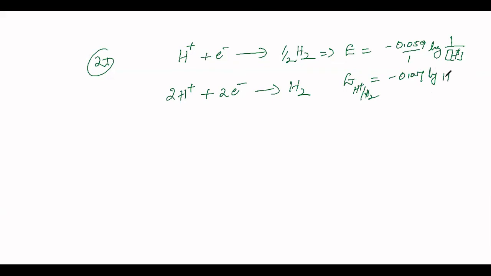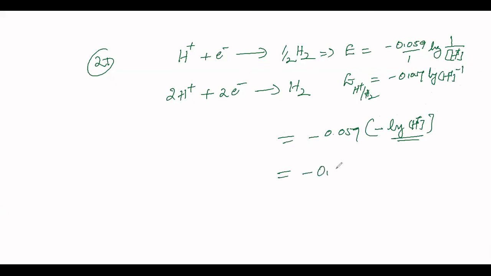That will be H plus raised to the power minus 1. So that is going to become 0.059 minus, of course, log of negative log you can write. Multiply this with minus 1, it becomes minus log of H plus. This is nothing but pH, isn't it?